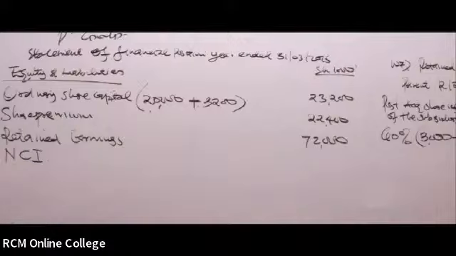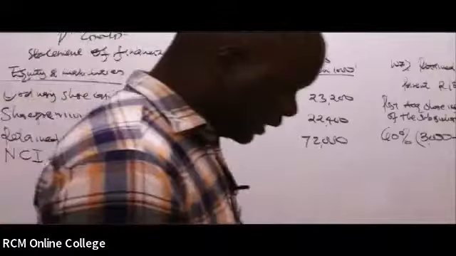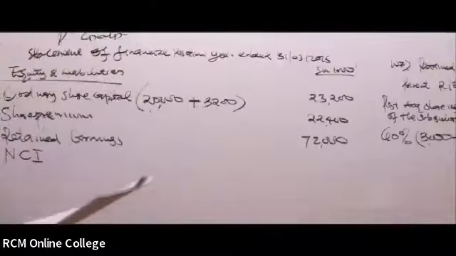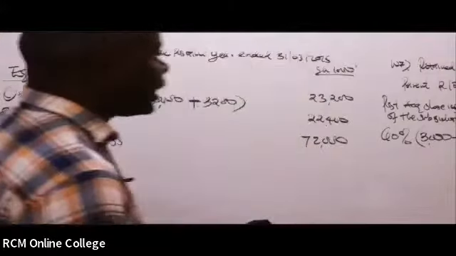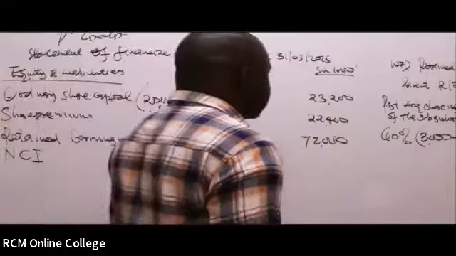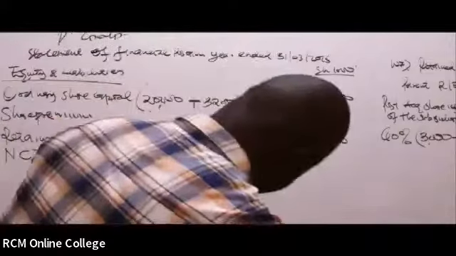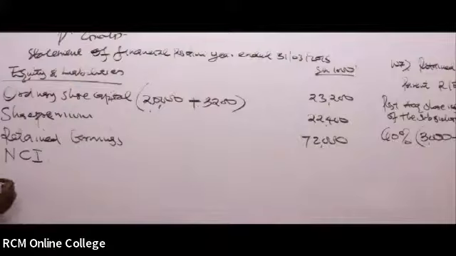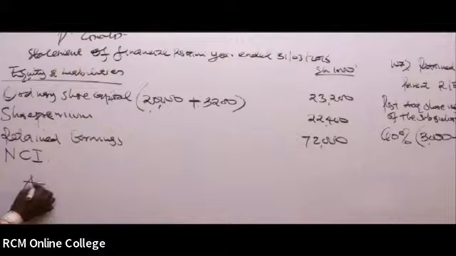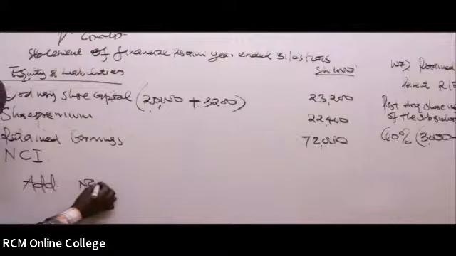Yeah, there's something I actually forgot to add on it. It was, of course, 8,800, but just on the same working, sorry, I forgot to tell you, after that 8,800 we got, you add the NCI goodwill.